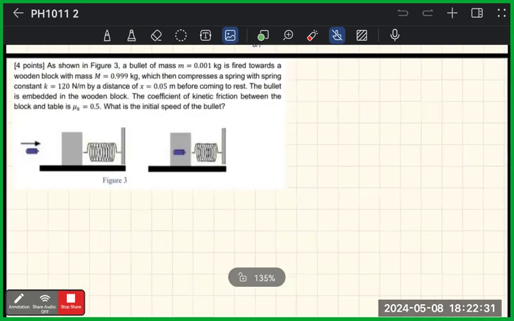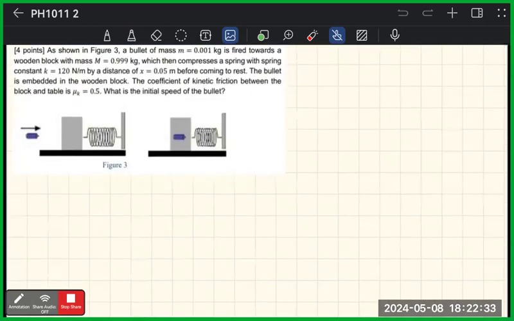So the bullet here has a mass, and it's fired toward another mass, and the block here moves by some centimeters, by 5 centimeters actually. And the question is the initial speed of the bullet.